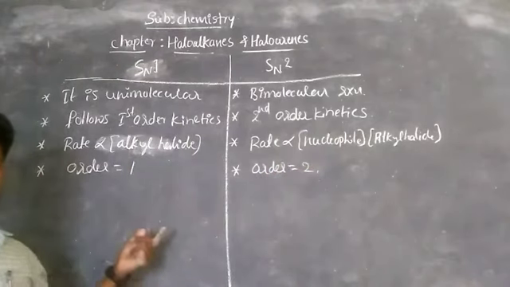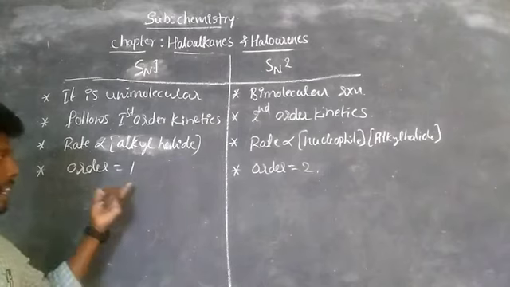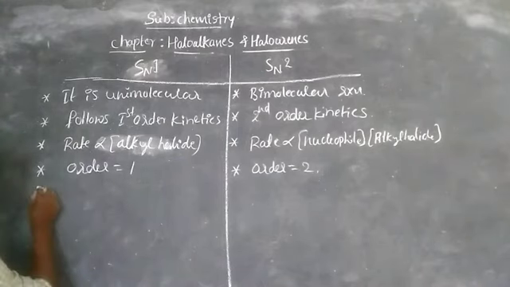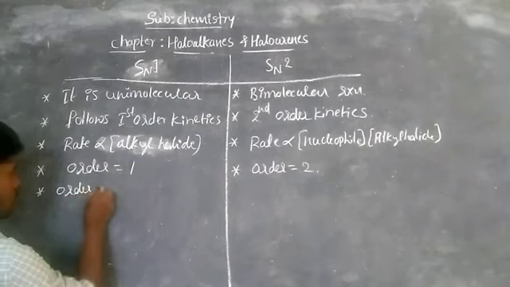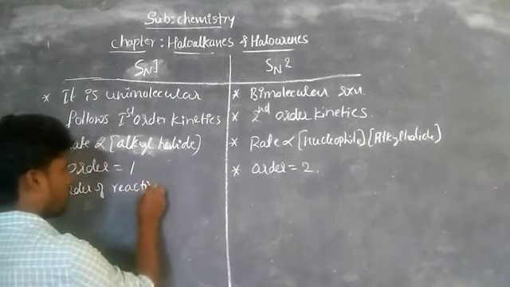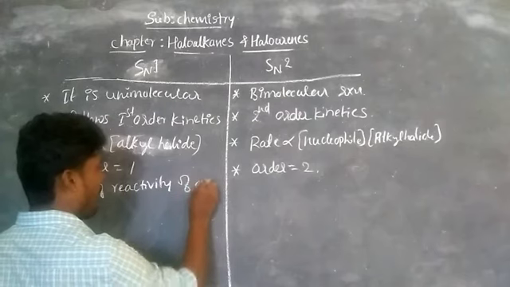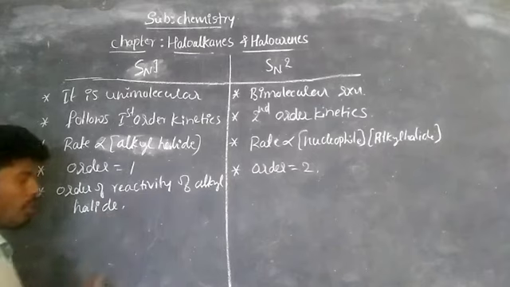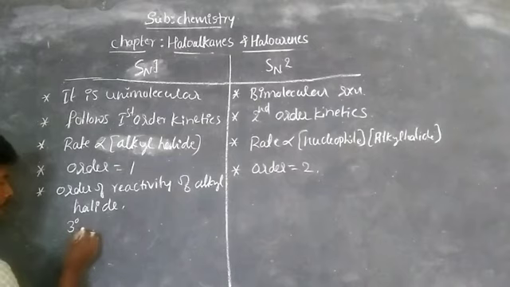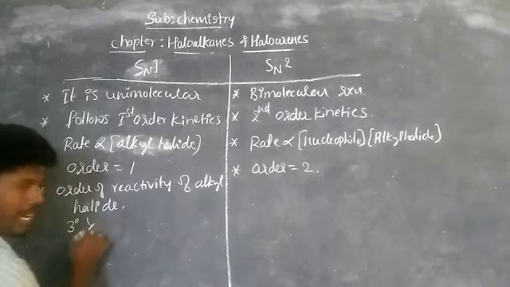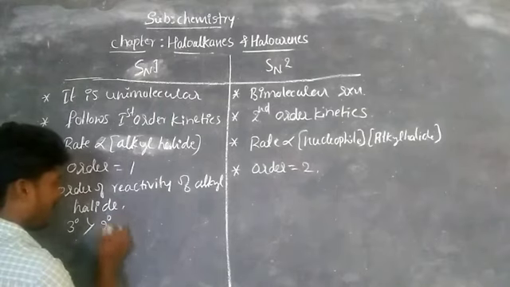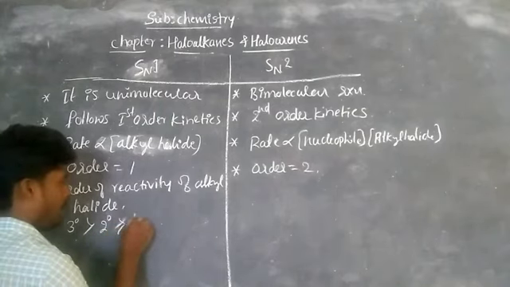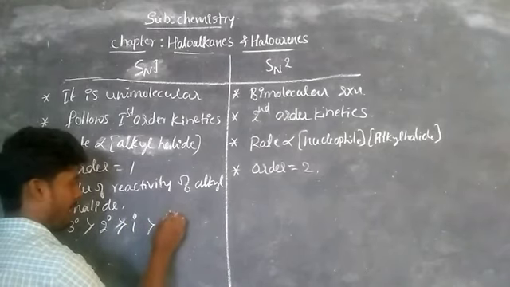Then the next one is the order of reactivity of alkyl halides. For SN1, tertiary alkyl halides are more favored than secondary, which is more favored than primary, and which is more than methyl.